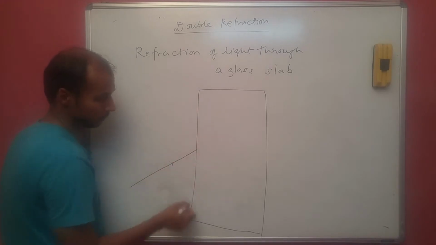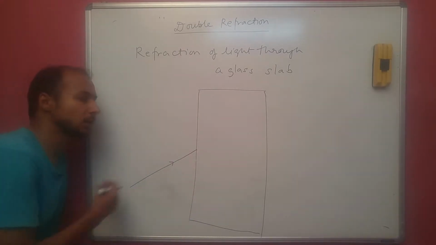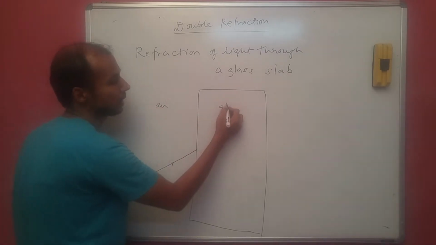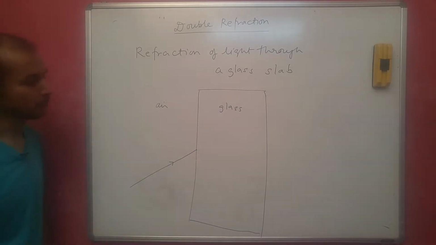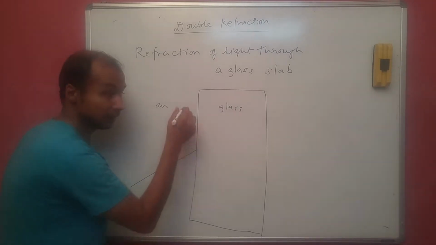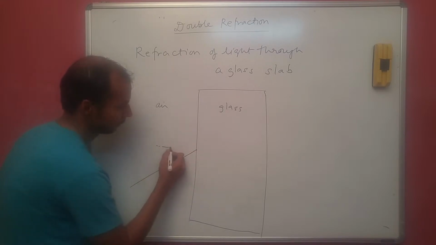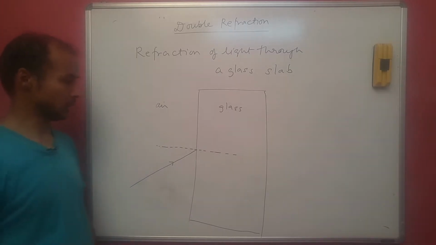To the interface. The interface is the boundary separating the two different mediums. So this is air, this is glass. The boundary separating the two different mediums is this. So at the point of incidence, draw a normal perpendicular to the interface.